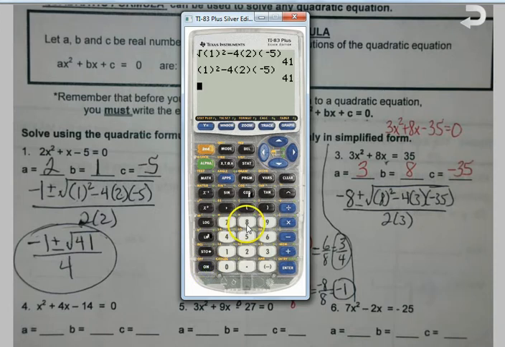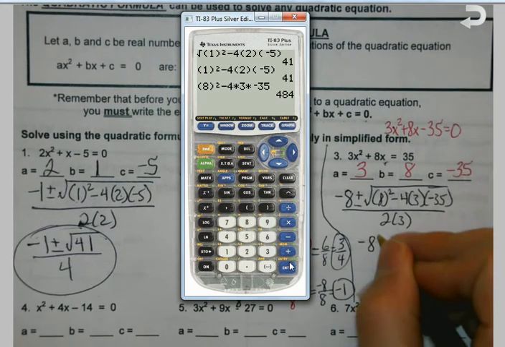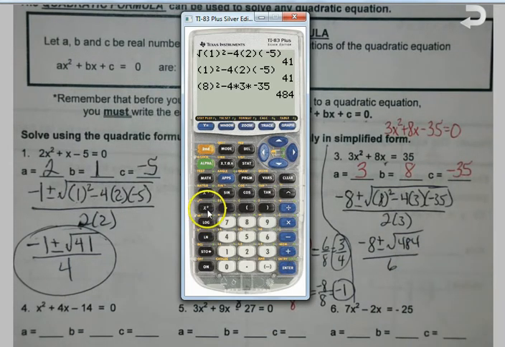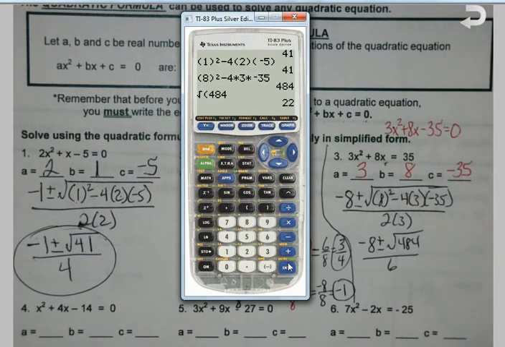So let's get a little assistance here. 8 squared minus 4 times 3 times -35. Now I do know for sure that you are a perfect square, sir. Yes, you are.